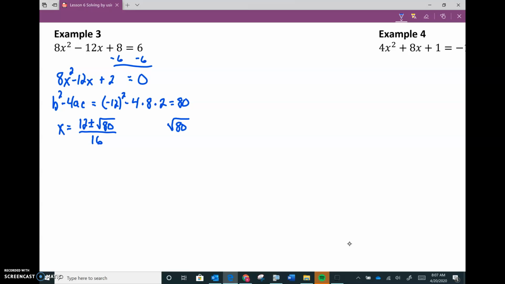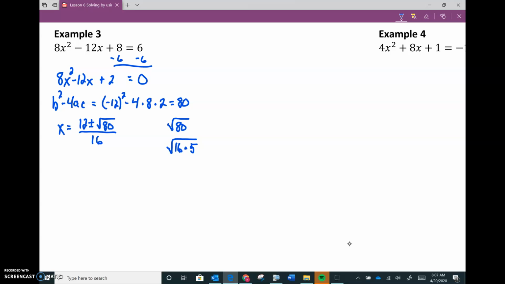The biggest perfect square that goes into 80, there's several perfect squares that go into 80. You might think 4 does go into 80, but there's a bigger perfect square that goes into 80. 16 goes into it 5 times. So another way to write 80 would be 16 times 5.